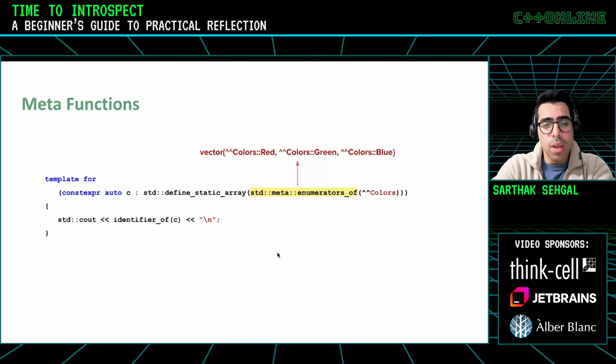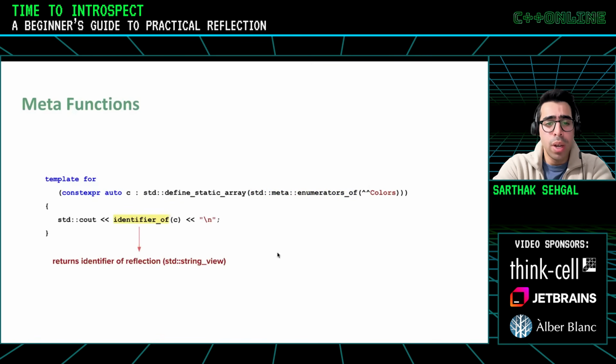And to the reflection of each element, I can use another meta function called identifier_of, which takes in a reflection and returns a string view, which is the identifier of that reflection. So with this, I'm simply able to now iterate over a list of reflections of the elements in that enum, and print out the string corresponding to each of the elements in the enum.